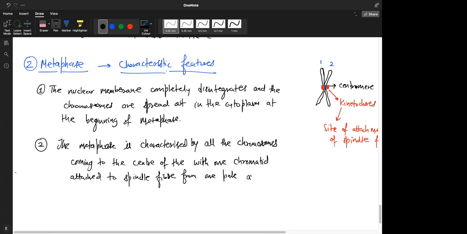and its sister chromatid attached to the spindle fiber from another pole. That's why there are 2 kinetochores.